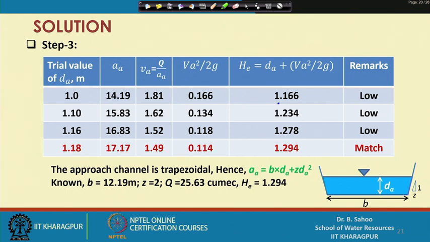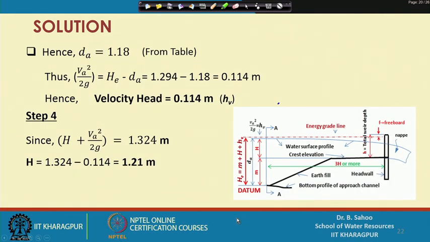So, in this case dA equal to 1.18, and you can get He equal to 1.294 here. Hence, dA equal to 1.18 from the previous table, and in this case V square by 2g is equal to He minus dA. So, that is equal to 1.294 minus 1.18, that is equal to 0.114 meter.